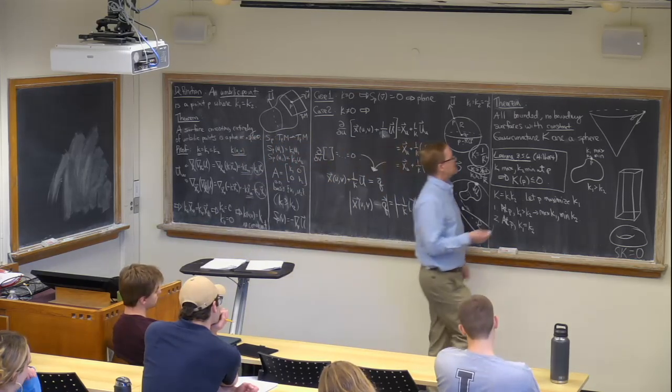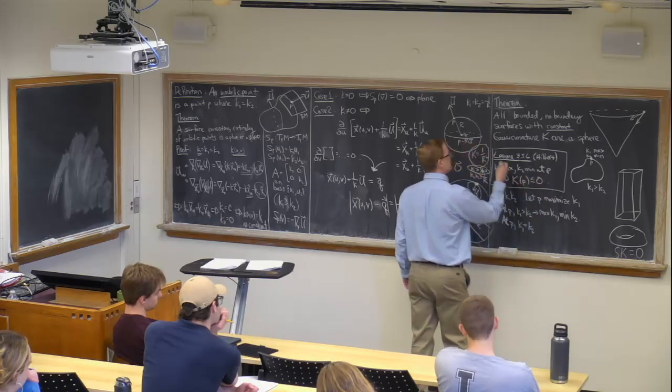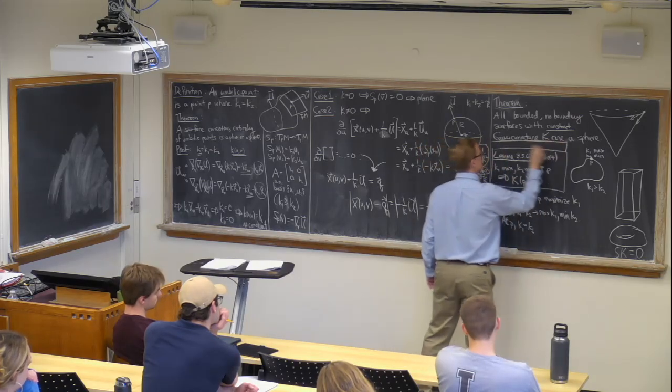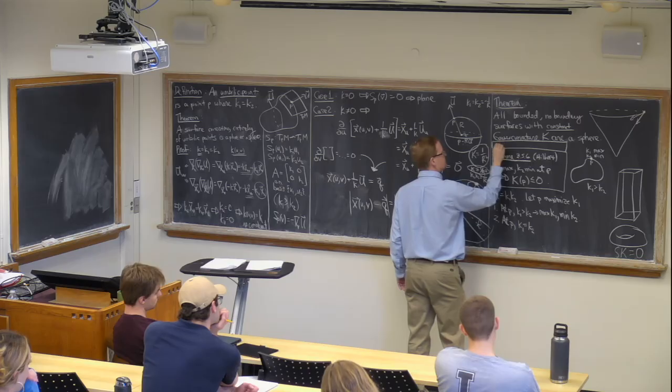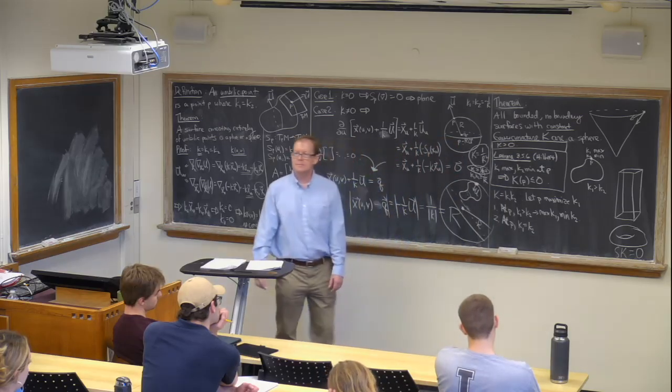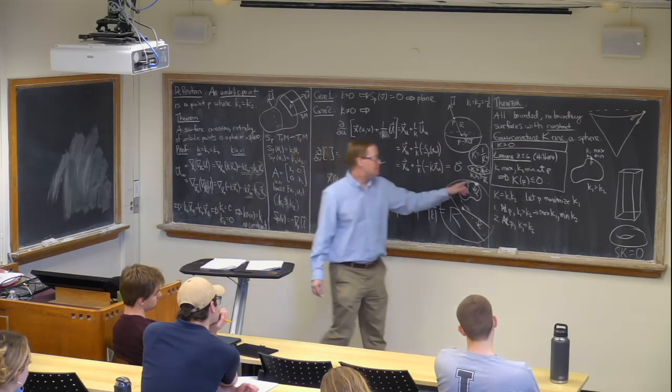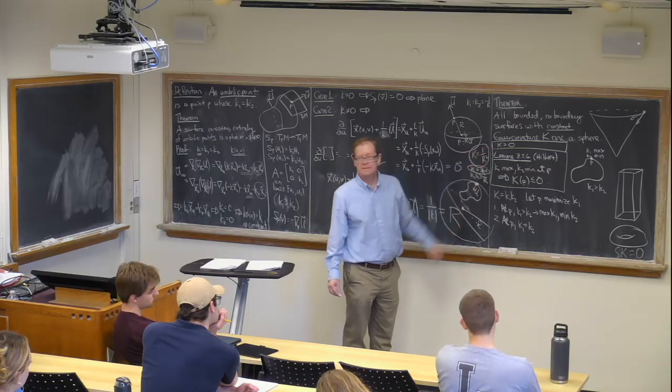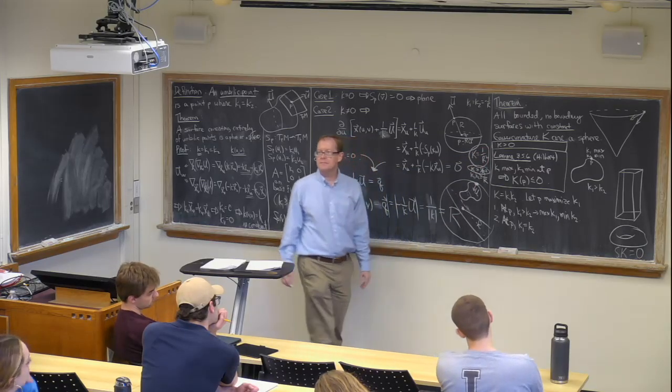So that's actually step 1 of the proof, which I put in right here: K equals a constant, but it's a positive constant. Because at one point it's positive, and K is a constant, so K is a positive constant.